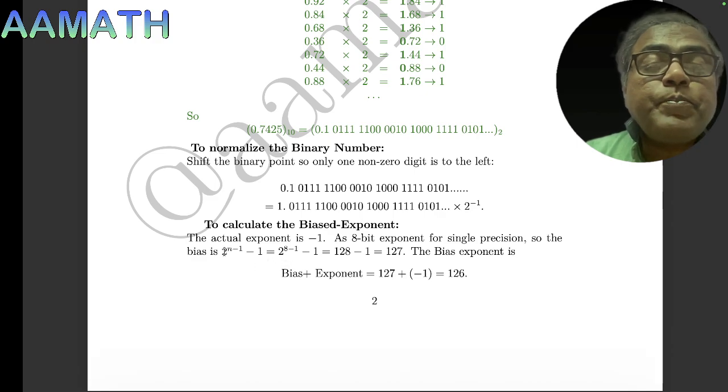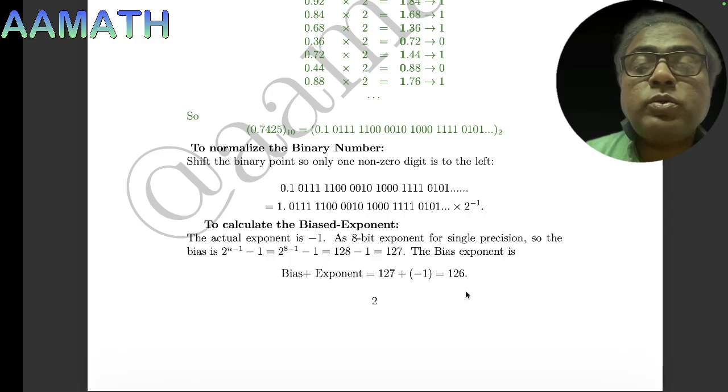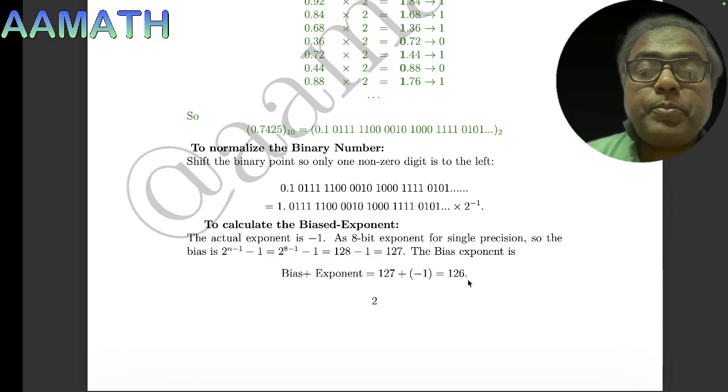So 2 to the power 8 minus 1, that is 2 to the power 7, 128, minus 1, equal to 127. The biased exponent is the bias plus the exponent. Here the bias for 8 bits is 127 and the exponent is -1, so this is 126. This is the biased exponent.